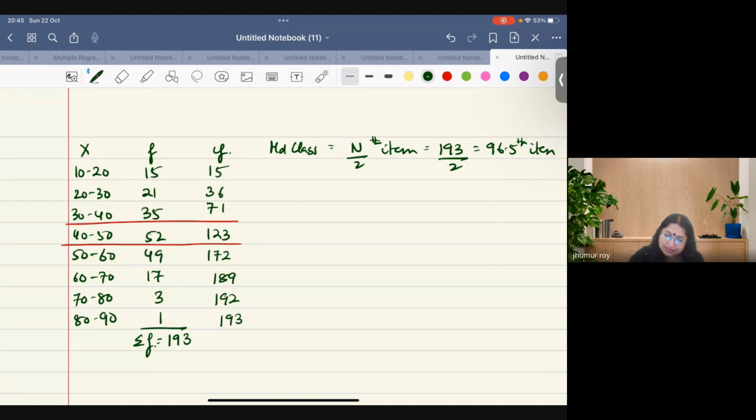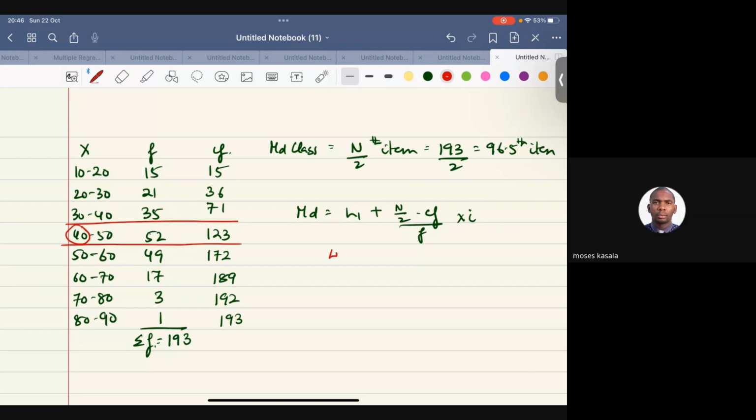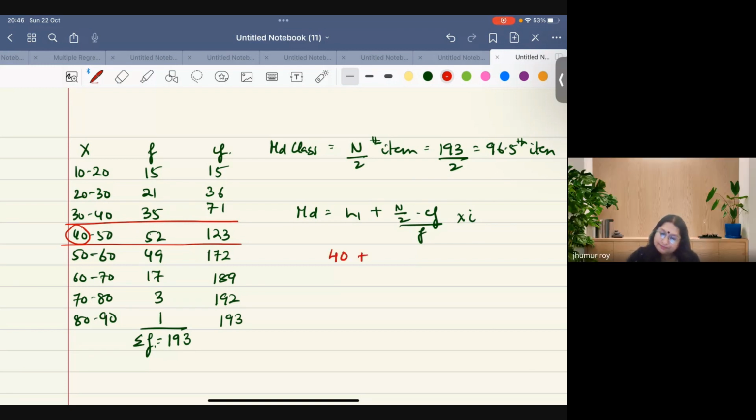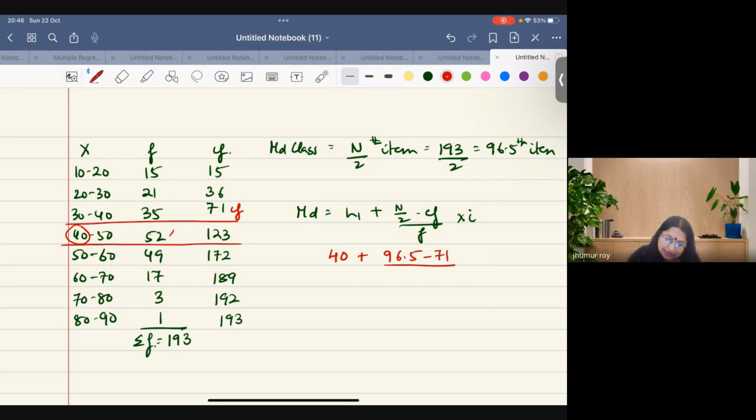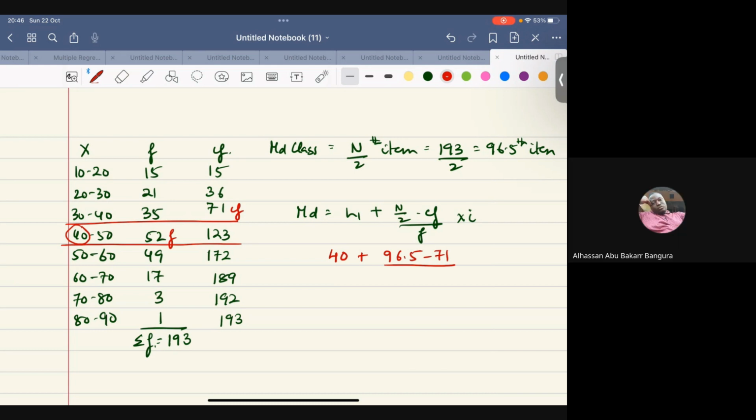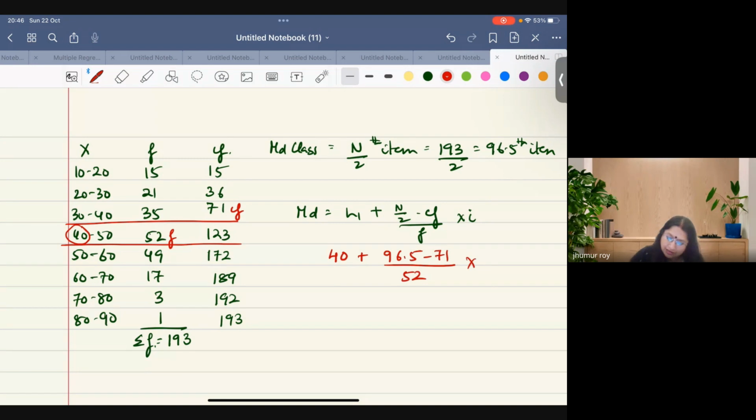So next, we have to calculate the median. The median will be equal to L1 plus n by 2 minus CF upon F multiplied by I. Now what is the first value? This is your L1 value, 40, plus n by 2 value, 96.5. What is the cumulative frequency of the previous class? 71. Divided by the frequency of that class, 52. What is the class interval? 50 minus 40, that is 10.